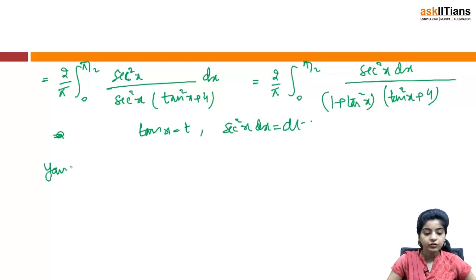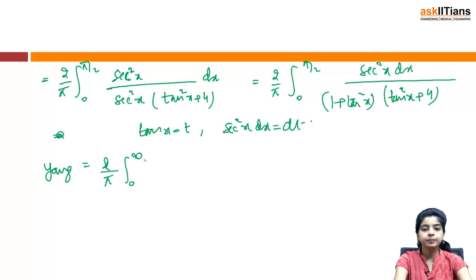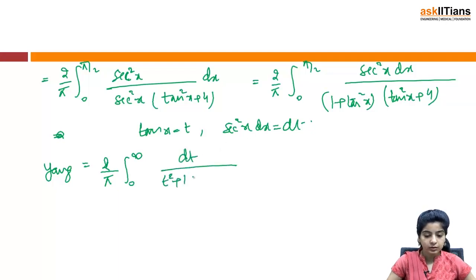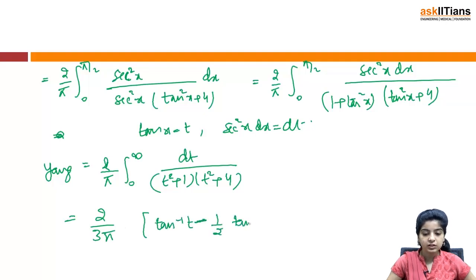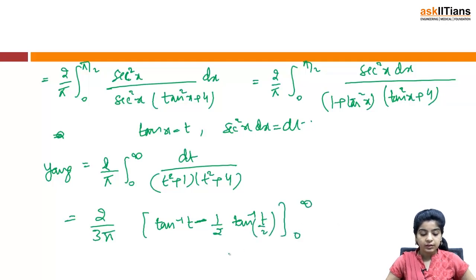So y average would be 2 by pi, integral 0 to infinity dt by (t square plus 1)(t square plus 4), and by simplifying this you will get it as tan inverse t minus half tan inverse t by 2 from 0 to infinity, and you get your final answer as 1 by 6.